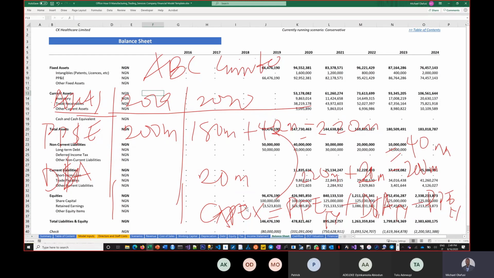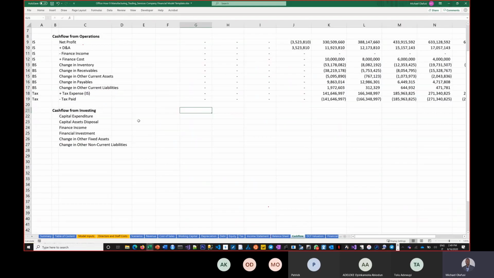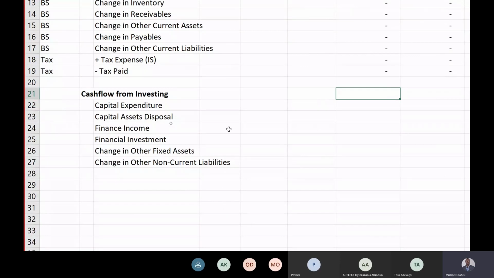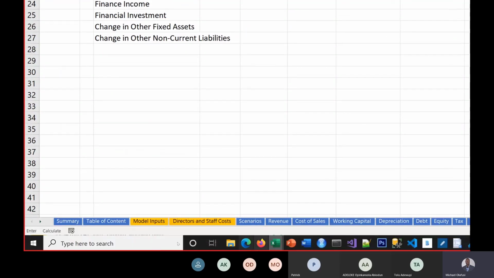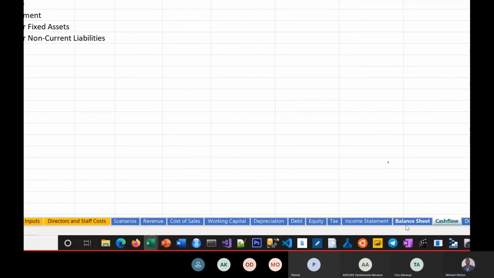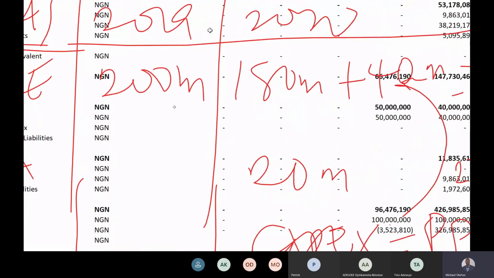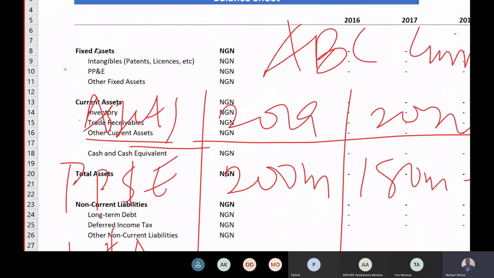So I'm going to go back to the cash flow. Let us zoom, and exactly as I've written the formula, equal to PP&E this year. In fact, if you are not trying to break down all of these things, you can just do it on the entire summation of the fixed assets.